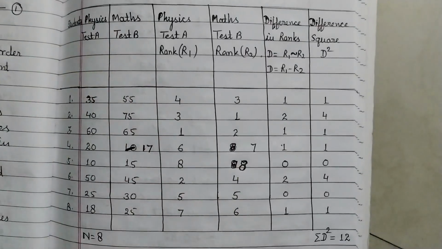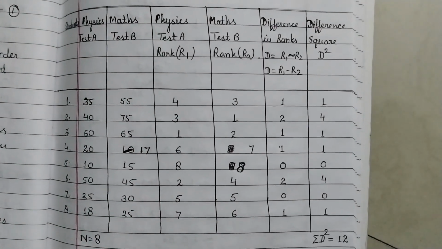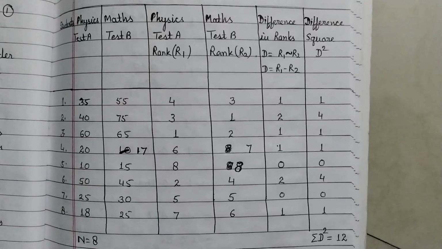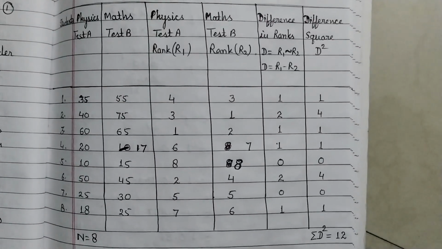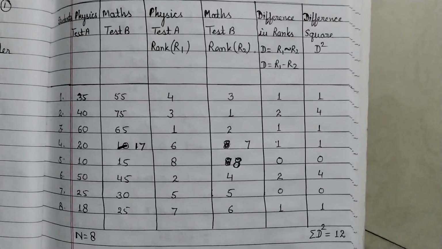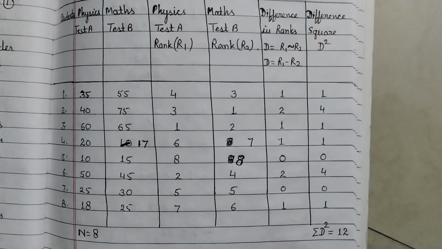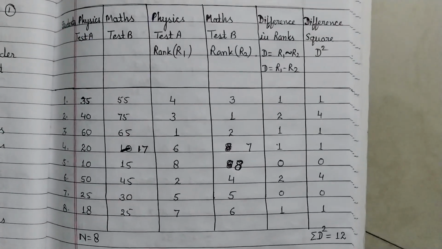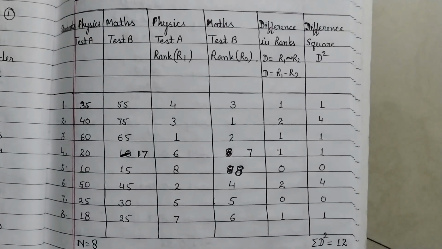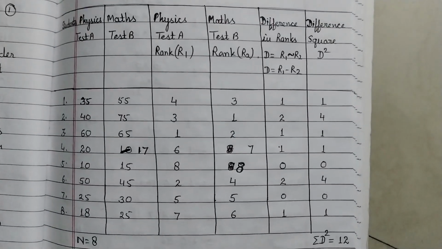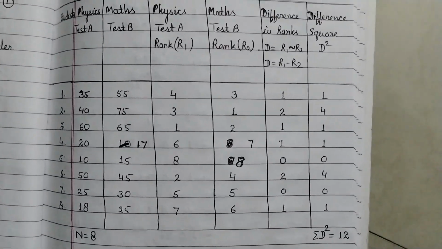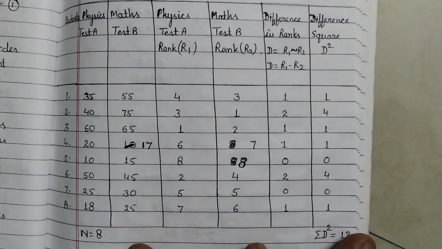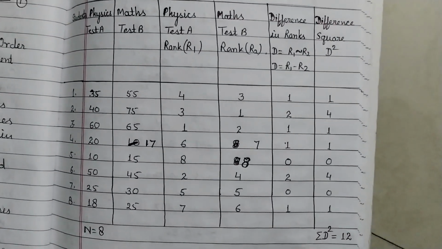If in the same example a negative correlation is observed, then we can interpret it as the student who is doing well in physics but not doing well in mathematics. He is good in mathematics but poor in physics, might be possible. So negative correlation means this type of interpretation we will write, and in positive correlation we will write the interpretation like this. So this is all about this rank order method.